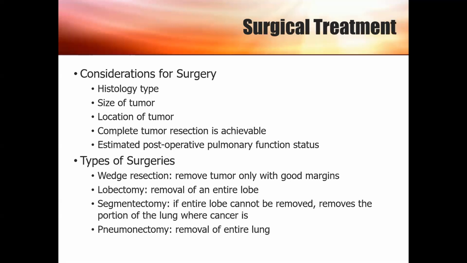A segmentectomy may be performed if the entire lobe cannot be removed. The surgeon will remove the portion of the lung where the cancer is. This is more than what would be considered a wedge resection. So it's between a complete lobectomy and a wedge resection.